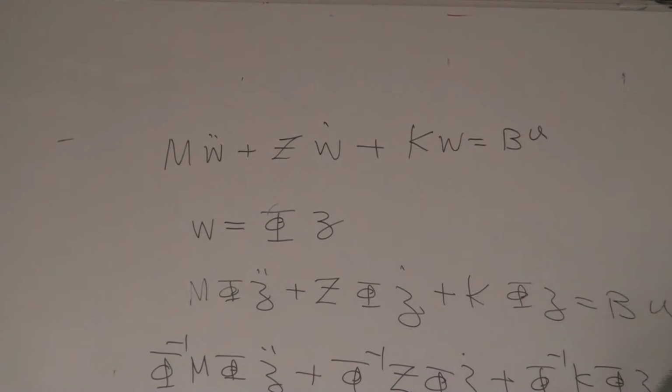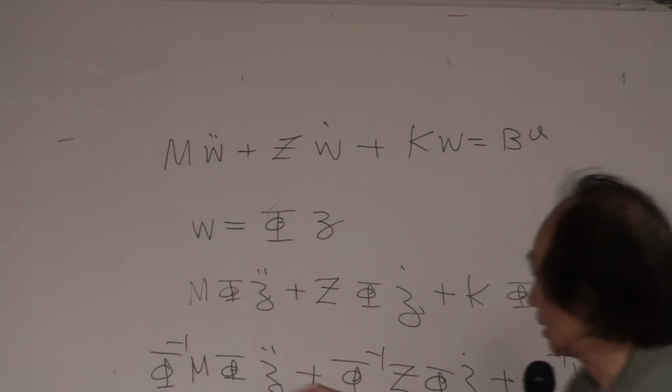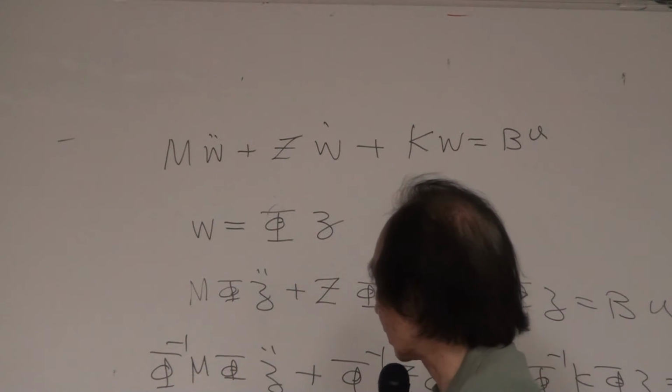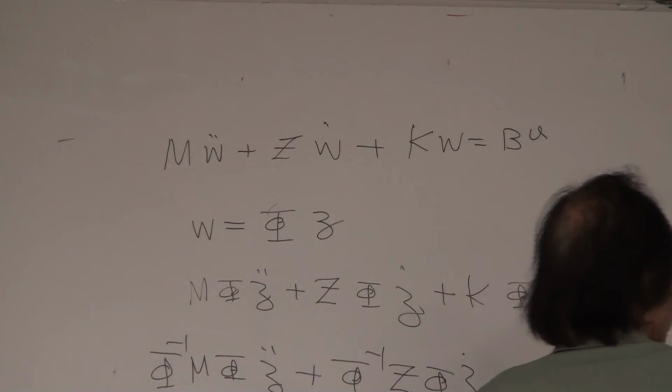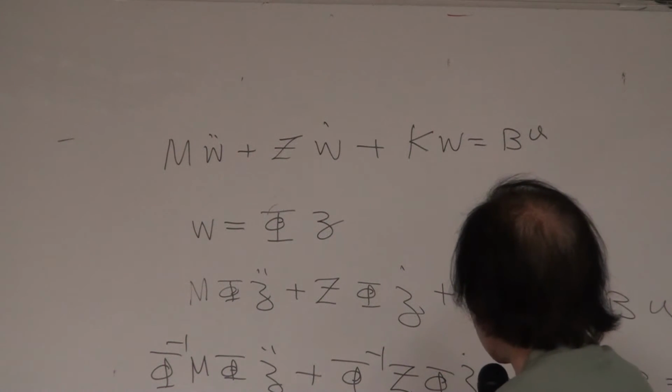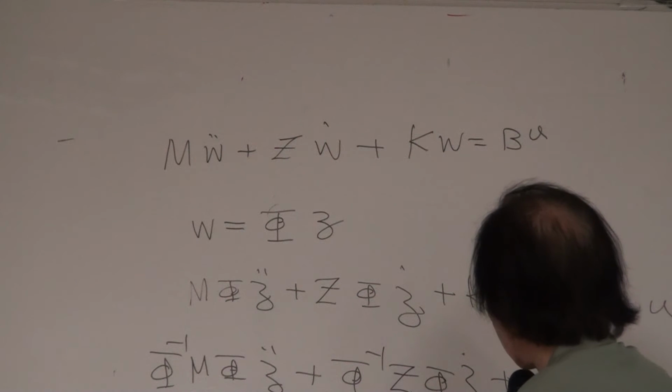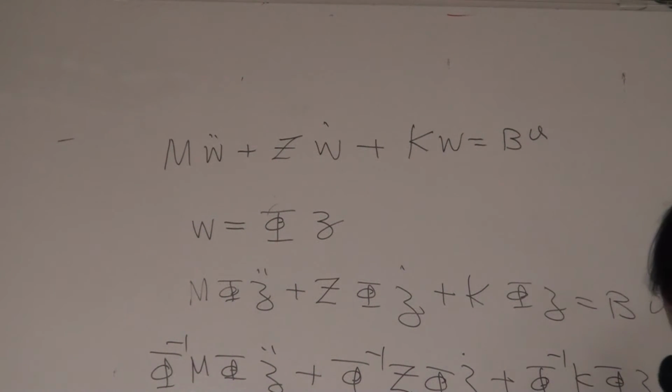So this is my new mass matrix, this is my new zeta matrix, and this is my new K matrix, the script M and script K.